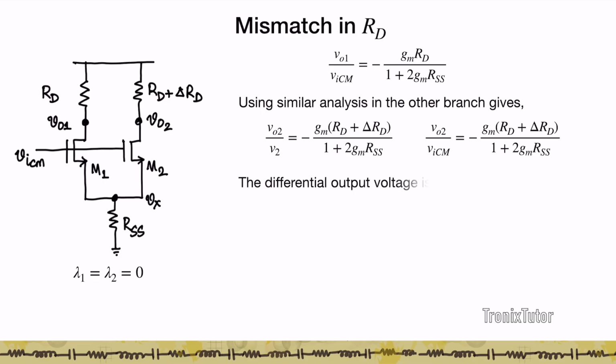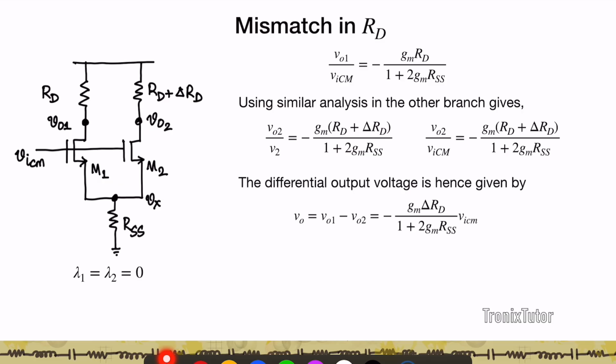So therefore what happens is that because VO1 and VO2 are not identical, a differential output voltage develops. So if I'm going to measure the voltage between these two terminals, there is going to be a finite voltage developed even though the same input is given to both M1 and M2, and this differential output voltage is given by minus GM into delta RD by 1 plus 2 GM RSS.